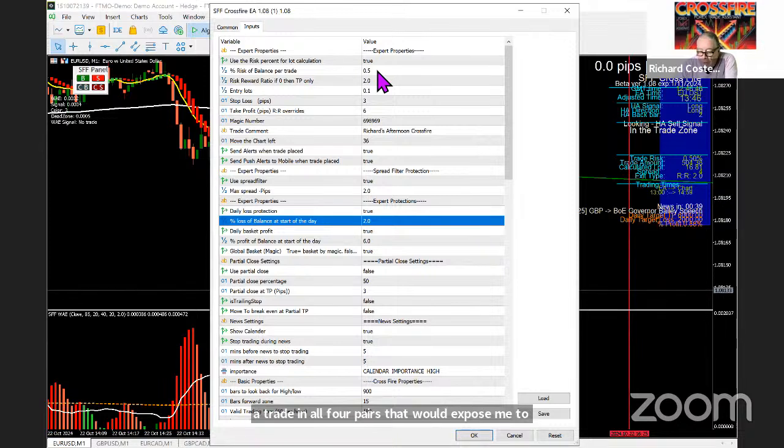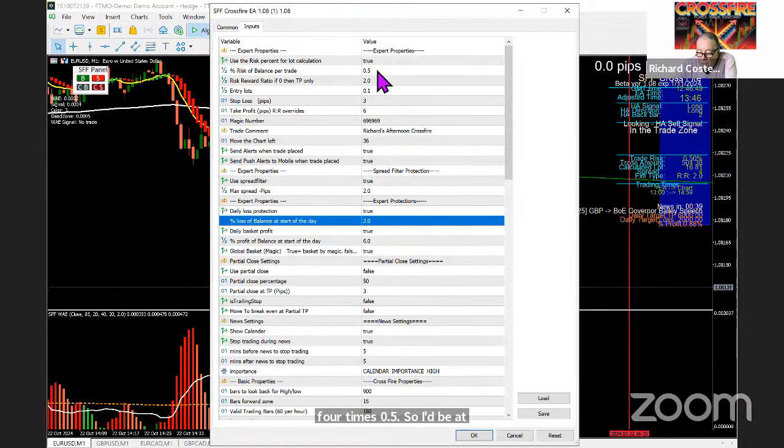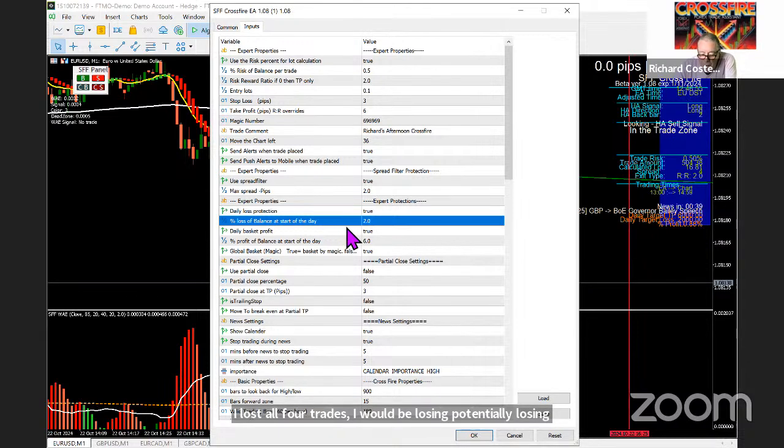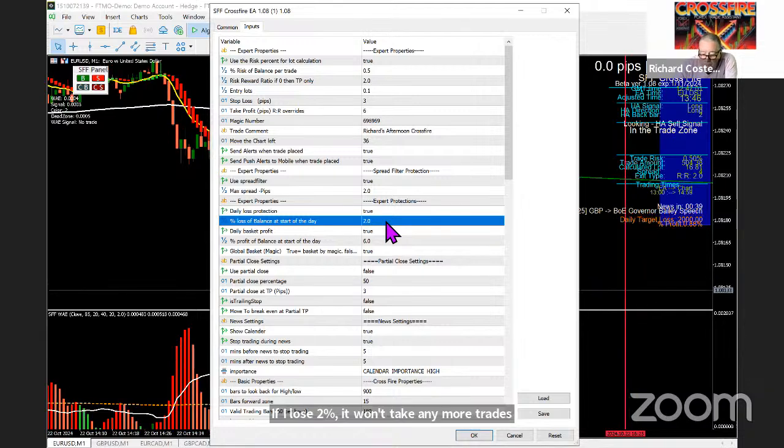If I lost all 4 trades, I would potentially be losing 2%. So I've got a maximum loss of 2%, and if I lose 2%, it won't take any more trades in this session.